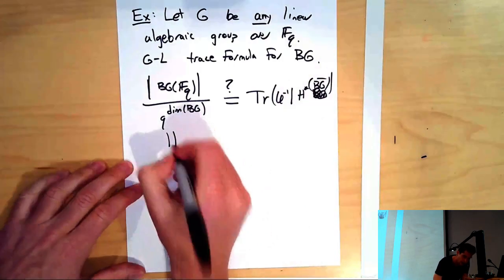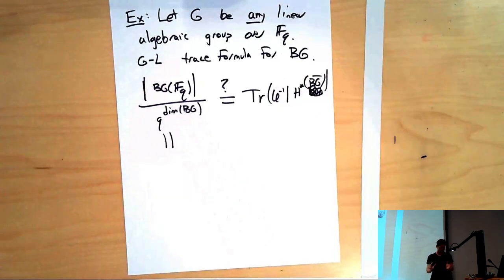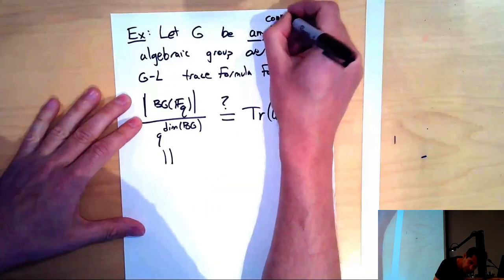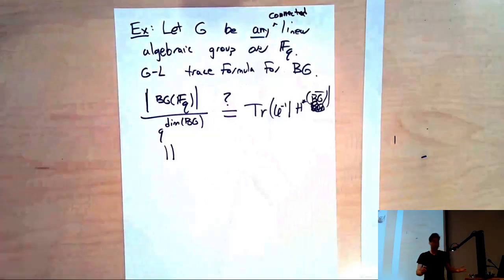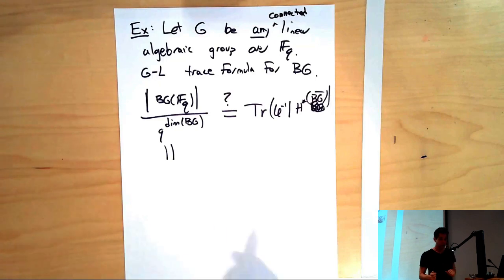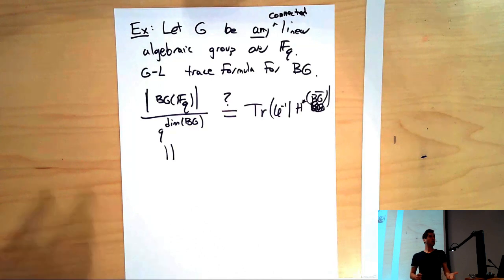Okay, so now we can evaluate the left-hand side, because if G is, well, now let's say a connected linear algebraic group, then there's only one principal G bundle on Spec Fq by a theorem of Lang. Every principal G bundle over a finite field is automatically trivial, and the trivial bundle has automorphism group given by the finite group G of Fq.